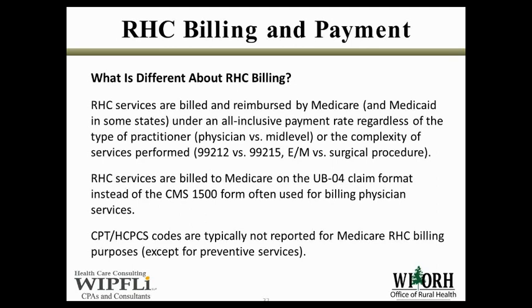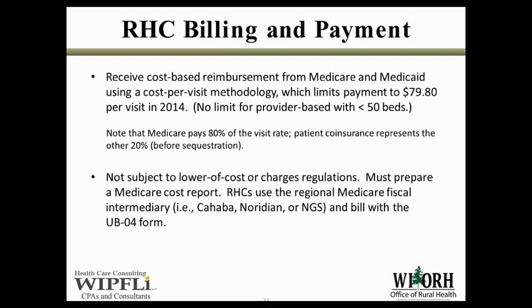Traditional Medicare, Medicaid reimbursement is based on the CPT or HCPCS codes that are typically not even reported for Medicare RHC billing except for certain preventive services. So there is a very distinct difference between rural health clinic billing and non-RHC billing.